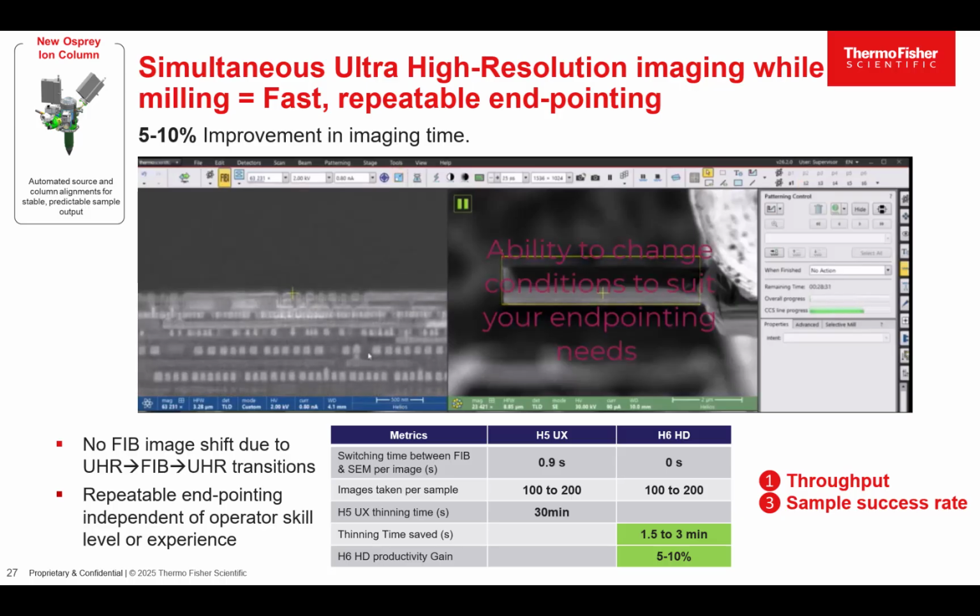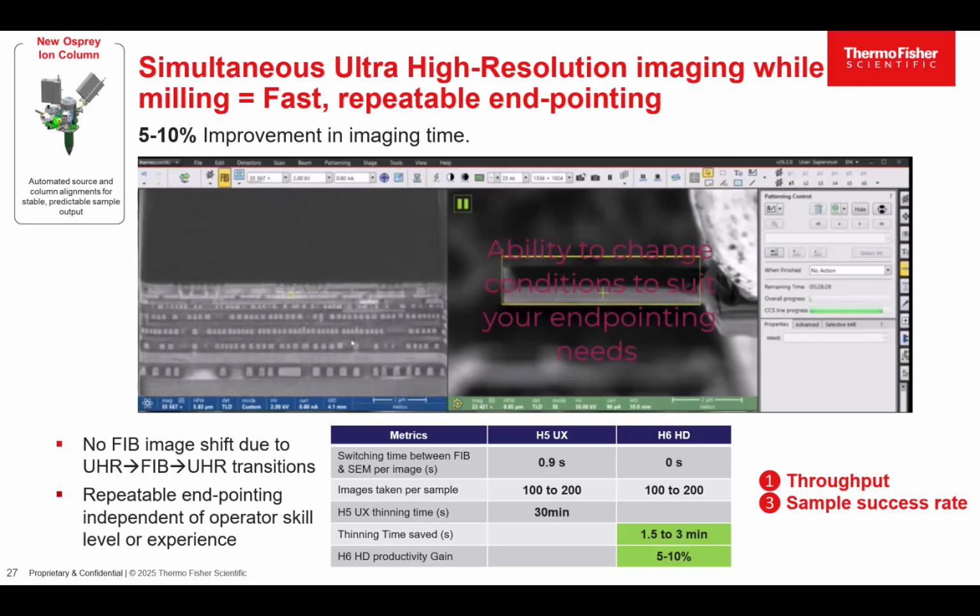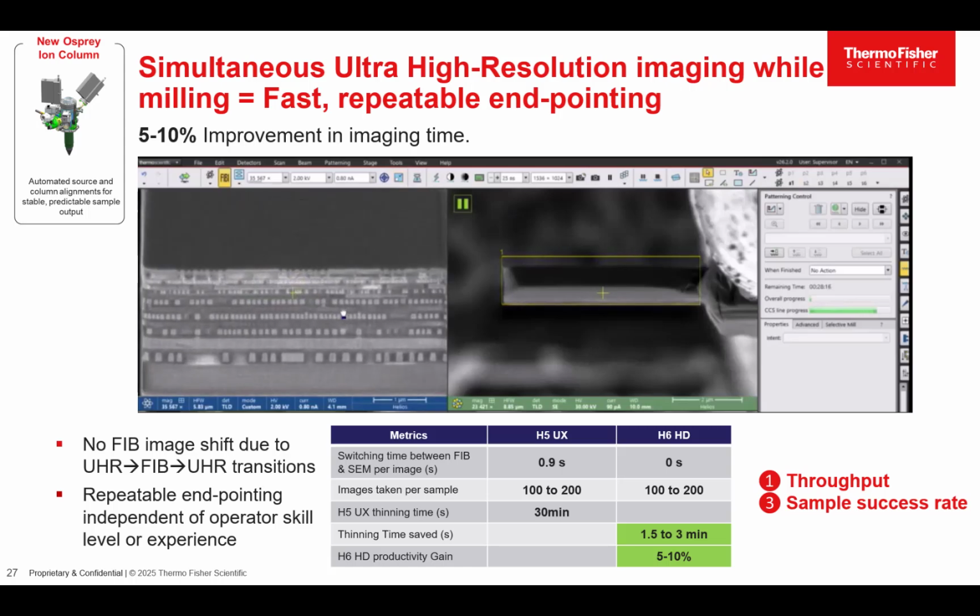Yeah, so this is great. We're just live imaging with the SEM while we're milling material away. This is a very powerful new ability. This is going to help us a lot to endpoint when you want to end on exactly one gate.